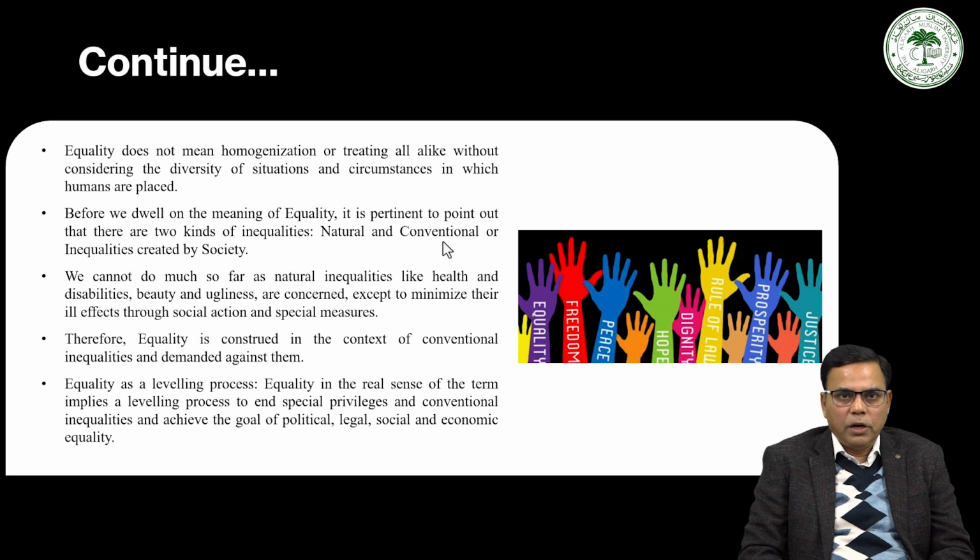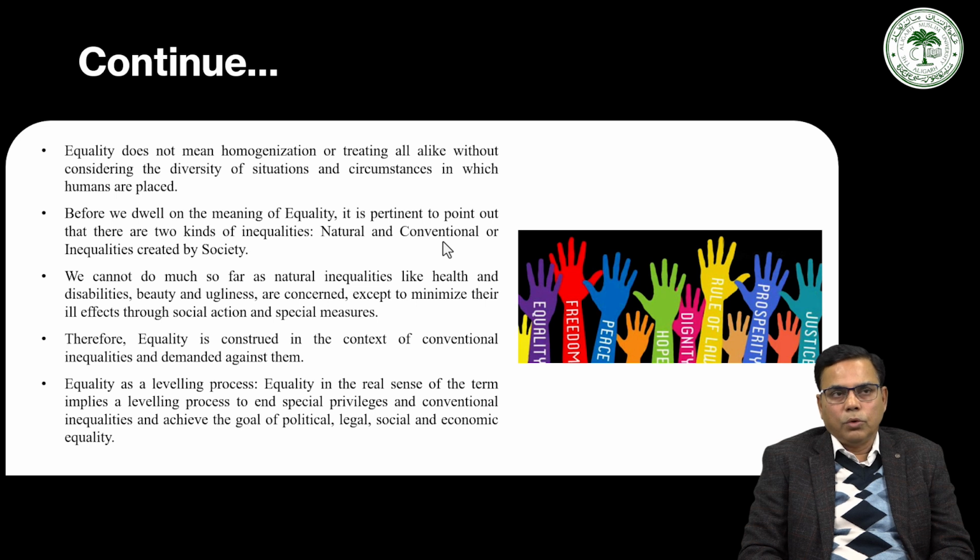A particular kind of job assigned to the people who were earlier considered untouchables, not allowing them to share spaces with upper caste people, that is conventional inequality. Similarly, the women in our own country were discriminated against, and the treatment that was given to them was again conventional inequality.